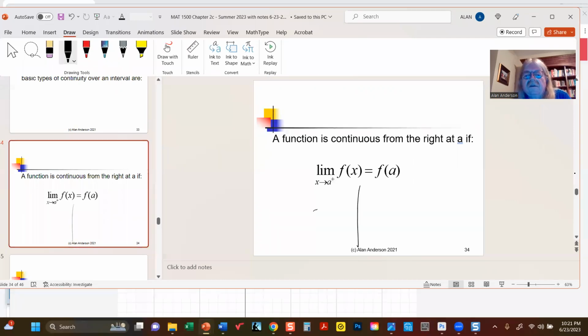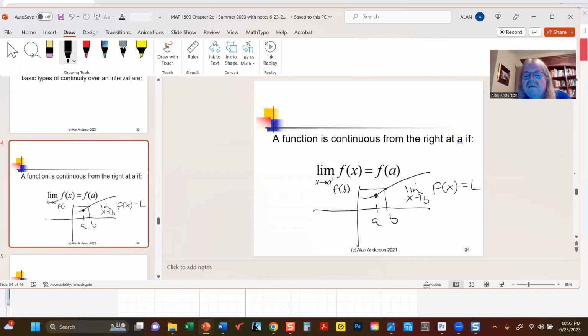Okay, in other words, is a. Let's just say that we decide to take the limit as x goes to b. Whether we approach from the left or the right, it's going to be f of b.